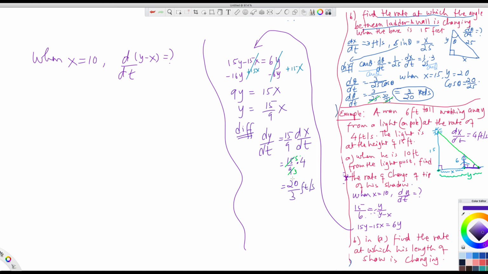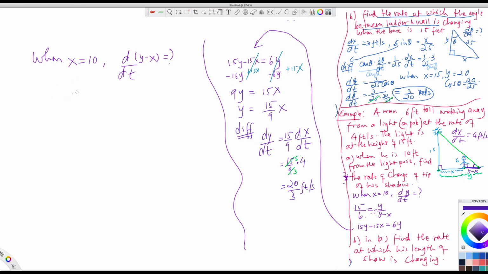Okay. So the next thing is part B. As in A, when he is 10 feet away from the light post, find the rate at which the length of the shadow is changing. Again, the length of the shadow here is y minus x, right? You want to find the rate of change of the length of the shadow. So when x is 10, what is the rate of change of y minus x?